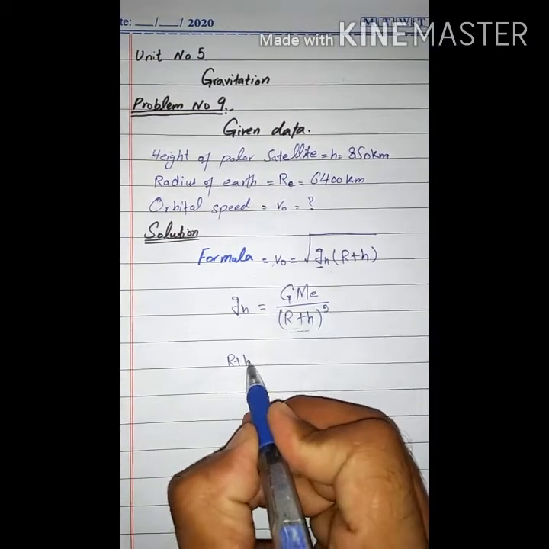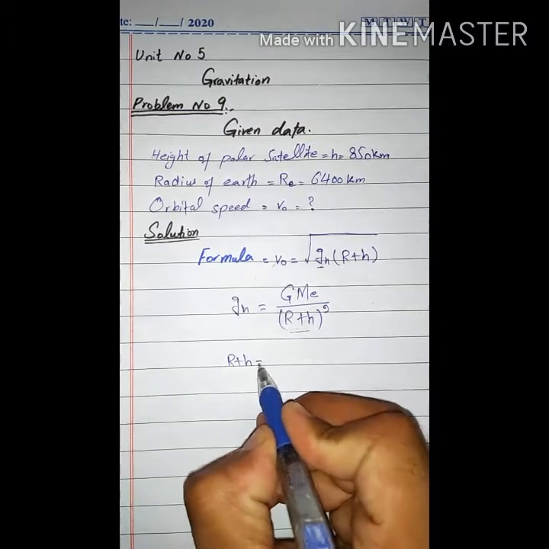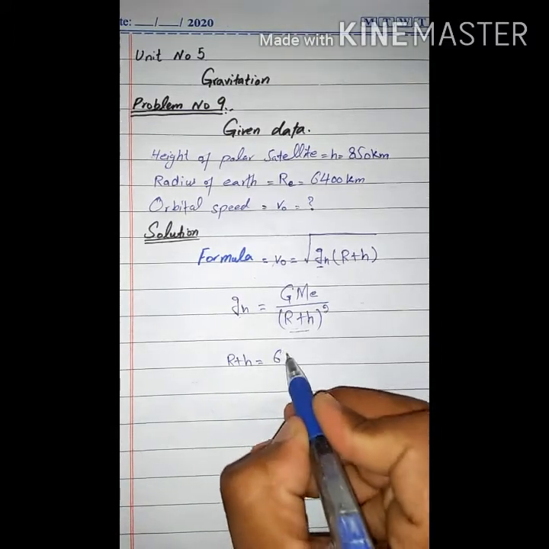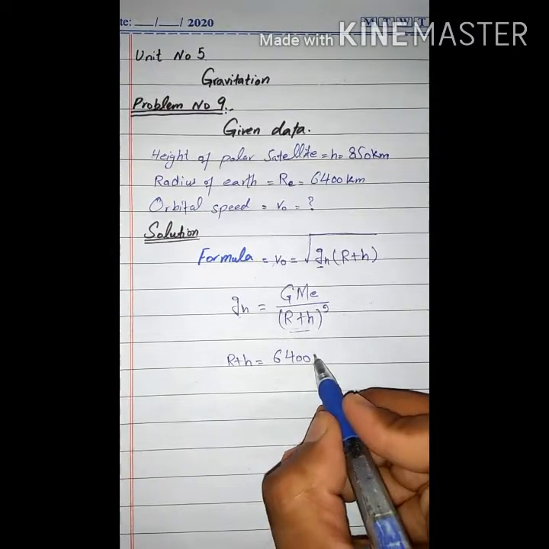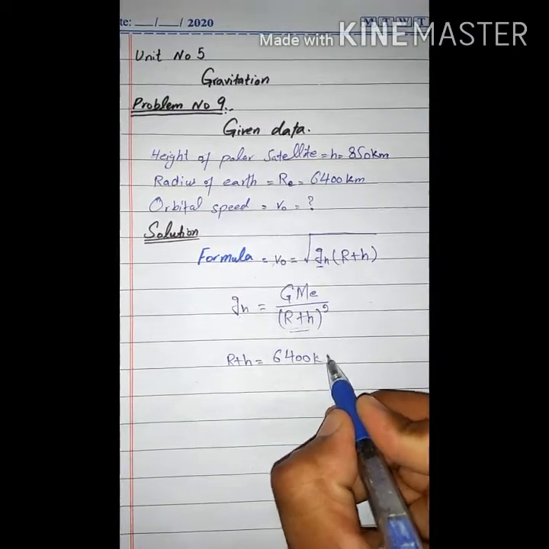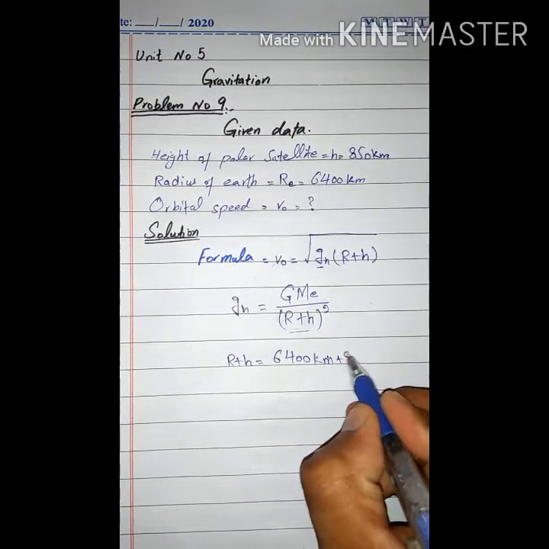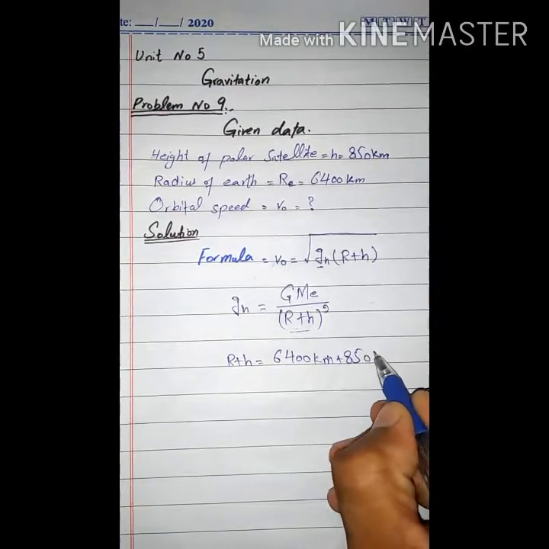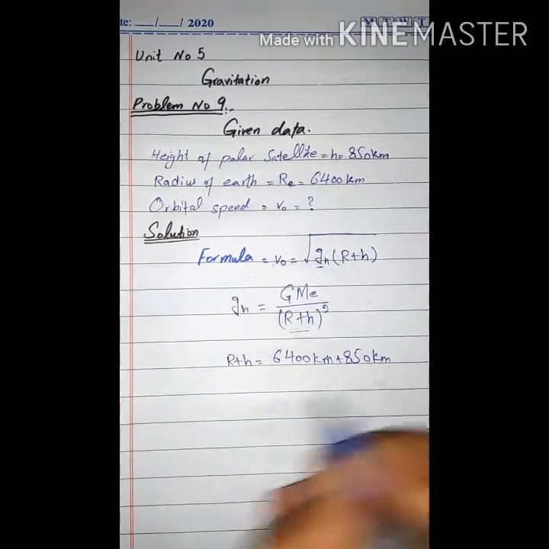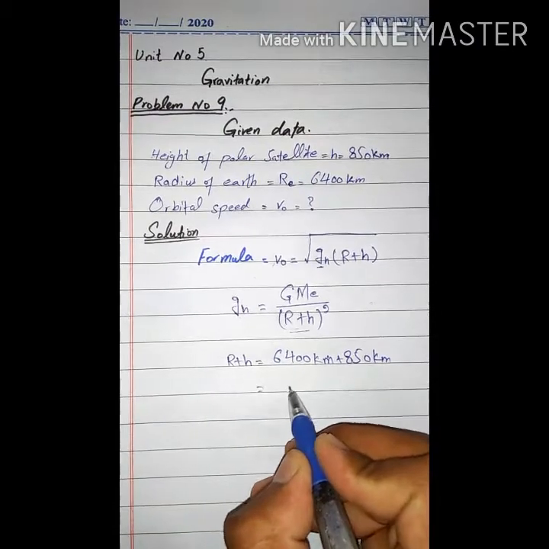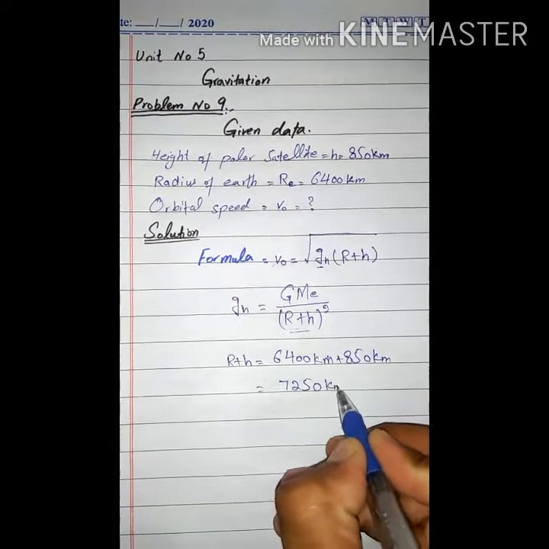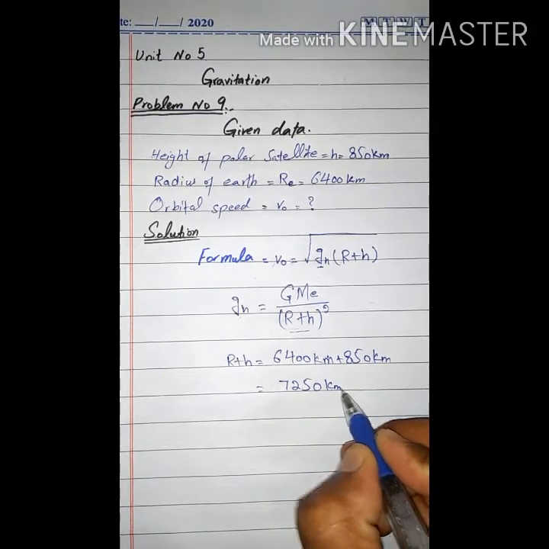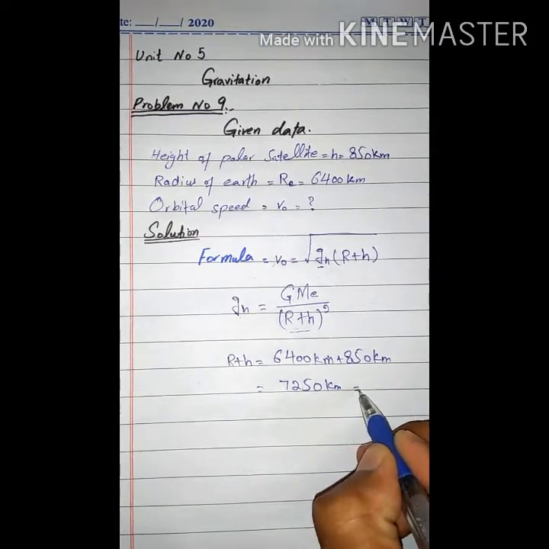R plus h is equal to the radius 6400 kilometers plus the height 850 kilometers. So we will get 7250 kilometers, and we will change it into scientific form.